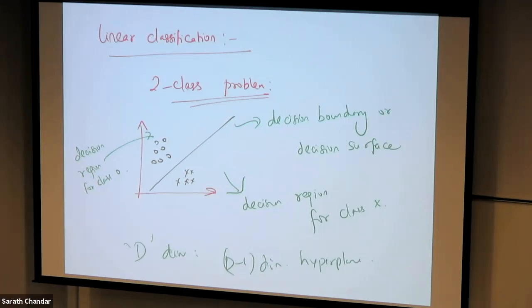It's equivalent to linear regression: just like how with simple w0 plus w1x you can only fit lines, not anything more than lines, in classification with linear models you can only fit planes. Is that clear?